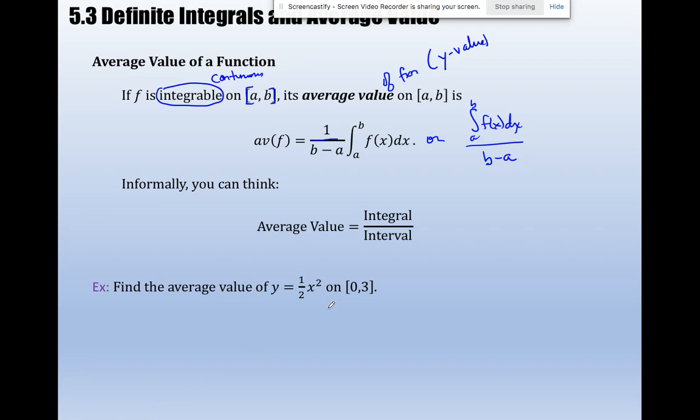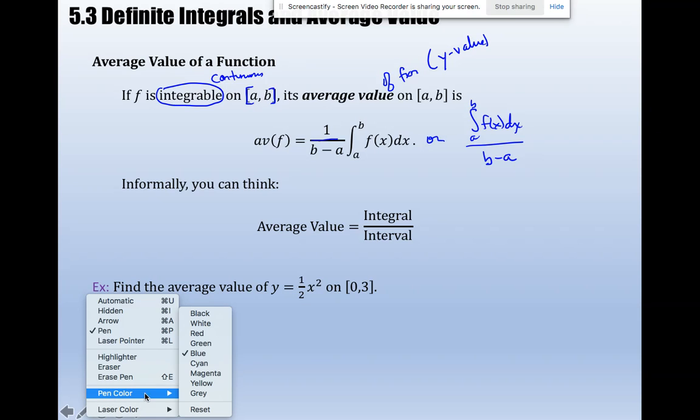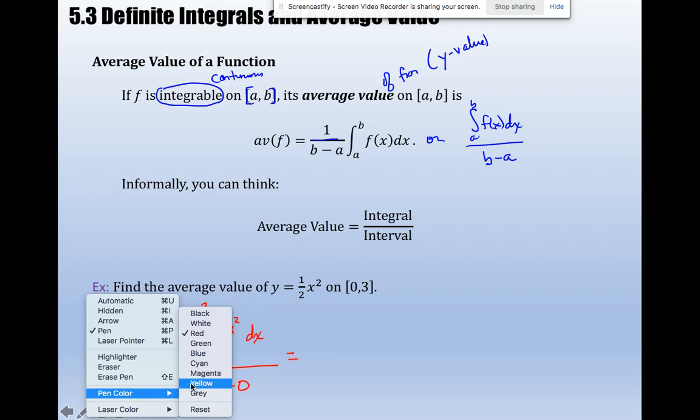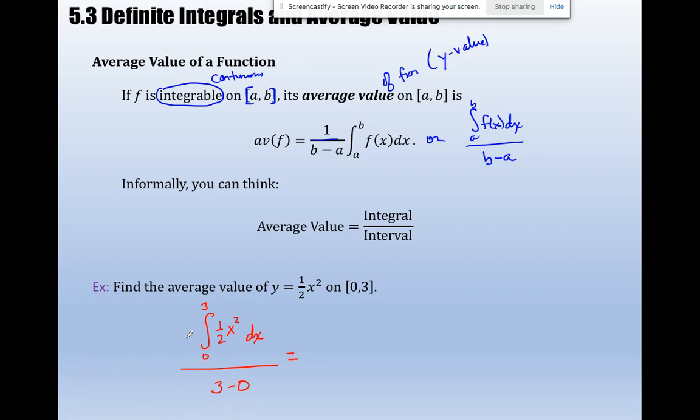So let's do this example first, and then I want to do some manipulation with this equation. Now, find the average value means you say, I'm going to integrate 0 to 3 of the function heights times dx, the integral over the interval is my average value. Now, this would be given to you right now on a calculator portion because you don't know how to integrate this.